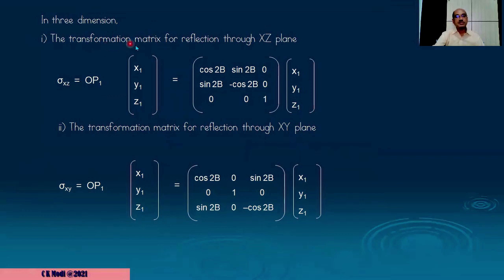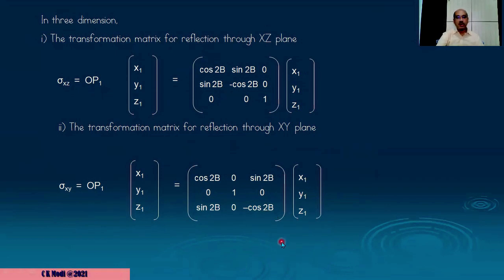In three dimensions, the transformation matrix for reflection through the xz plane, so sigma xz, acting on x1 y1 z1, is cos 2b, sin 2b, 0; sin 2b, minus cos 2b, 0; 0, 0, 1. And the transformation matrix for reflection through the xy plane, that is sigma xy, acting on x1 y1 z1, is cos 2b, 0, sin 2b; 0, 1, 0; sin 2b, 0, minus cos 2b.